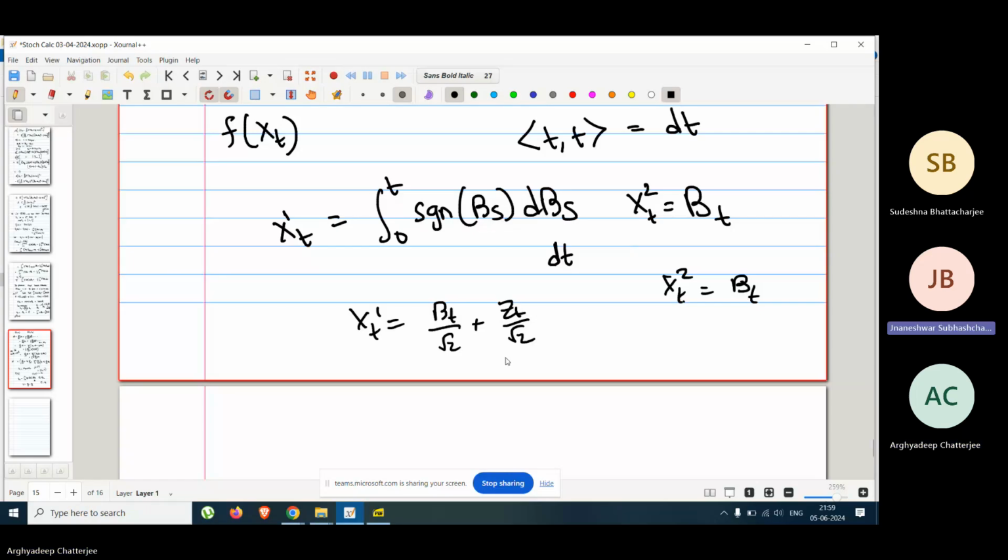Even in this case, since this is the martingale part, the bt cross bt term would interact nicely, and the zt bt cross term would just be zero. So that's what I meant.